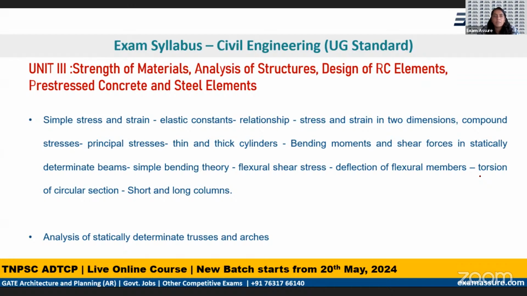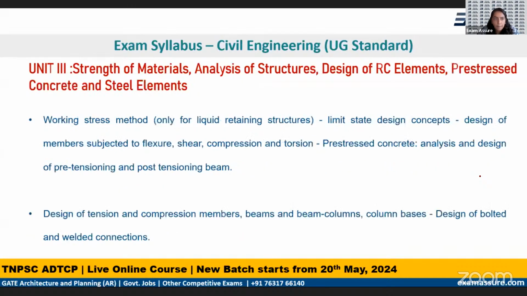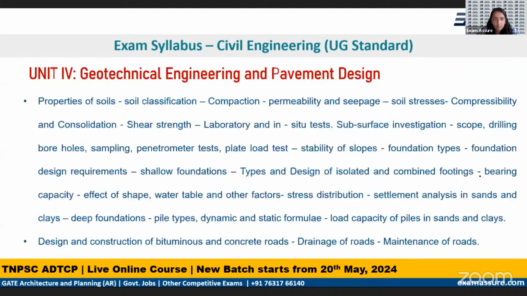What is shear force, bending moment, right? What is short column effect, long column effect, trusses, bending moment, etc. is what you need to be knowing. Yes, along with that, again, shear, compression, torsion, pre-stressed concrete, all of these are important.